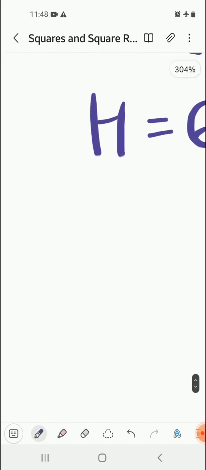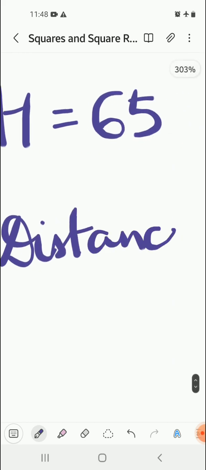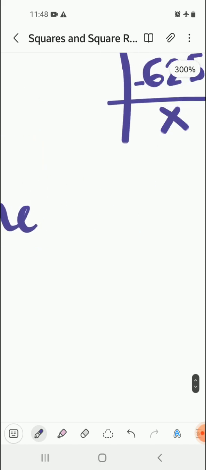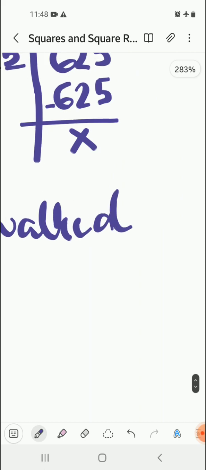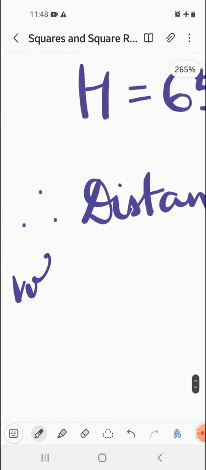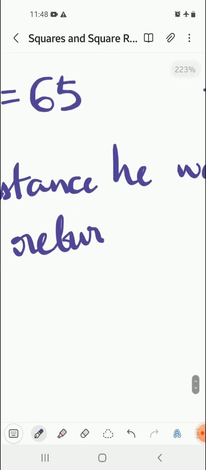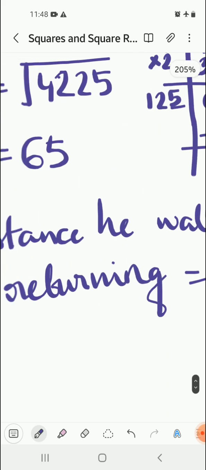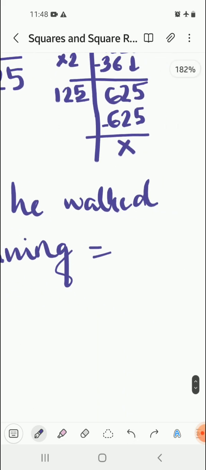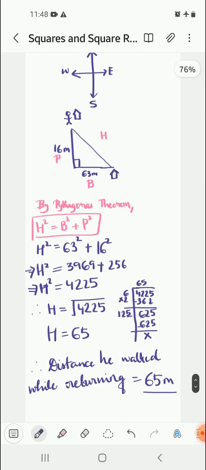So we're going to write the statement, therefore distance he walked while returning is equal to this answer, 65 meter. We're going to write the unit this time. That's it.